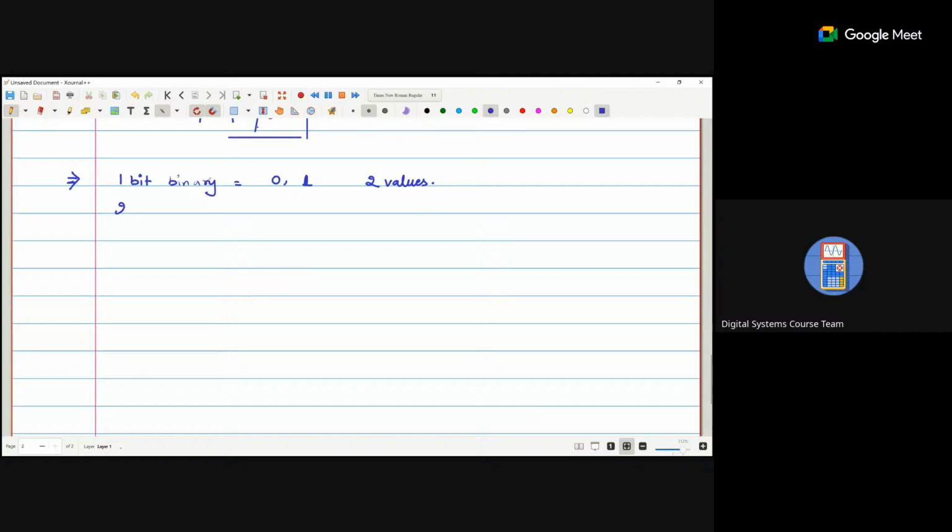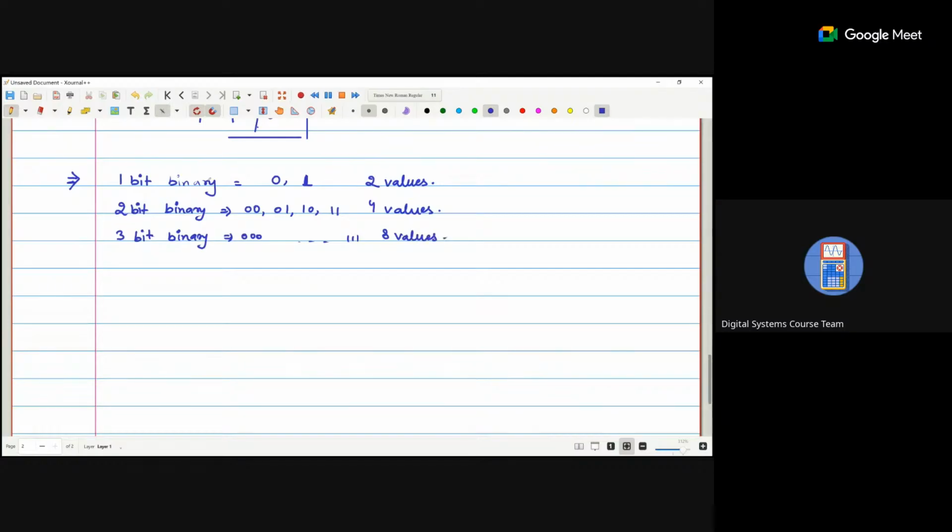Similarly, 2-bit binary can represent 00, 01, 10, and 11, so a maximum of 4 values. 3-bit binary can represent from 000 to 111, a total of 8 values.